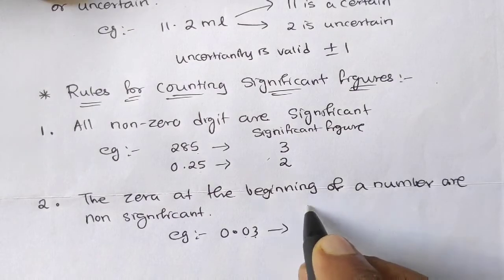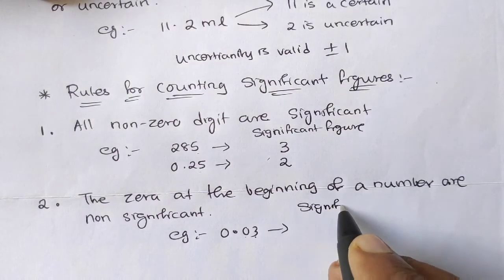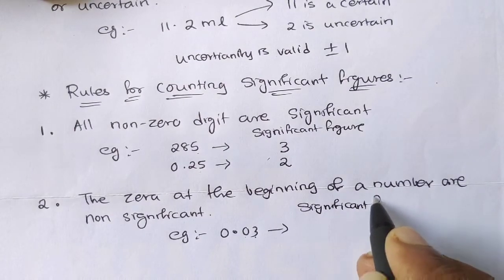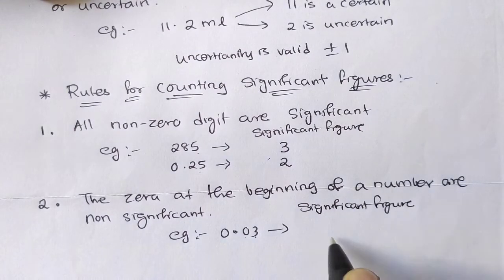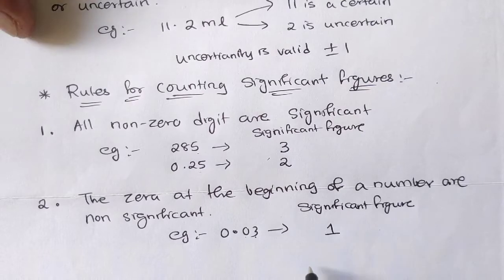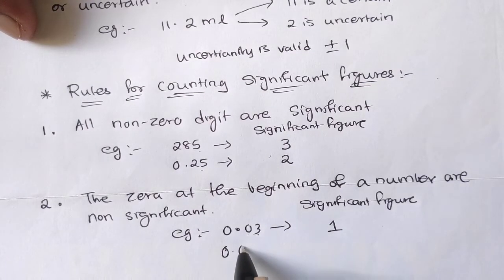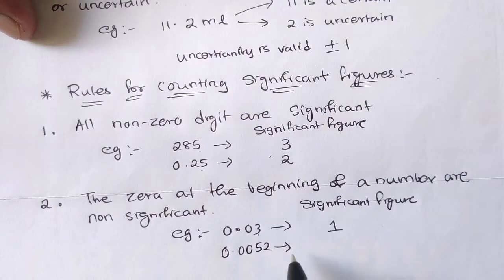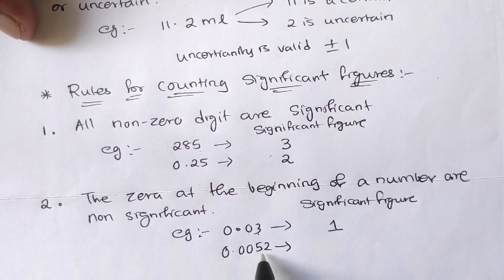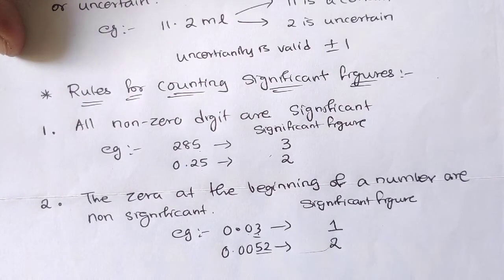So if anyone asks how many significant figures are in this, it is 1. Another example: 0.0052. How many significant figures? Only the non-zero digits are counted, so here it will be 2. Understood? Rule number 2.